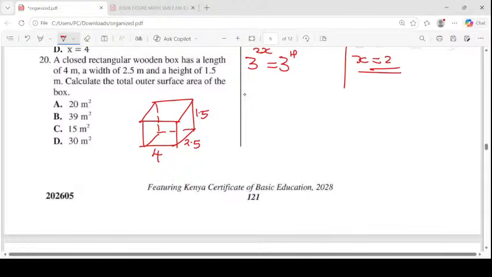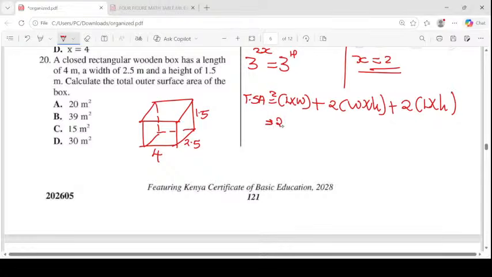To get now the total surface area, if it's a closed box, we do have 2 into length times width, plus 2 into width times height, plus 2 into length times height. That is the formula we are using.